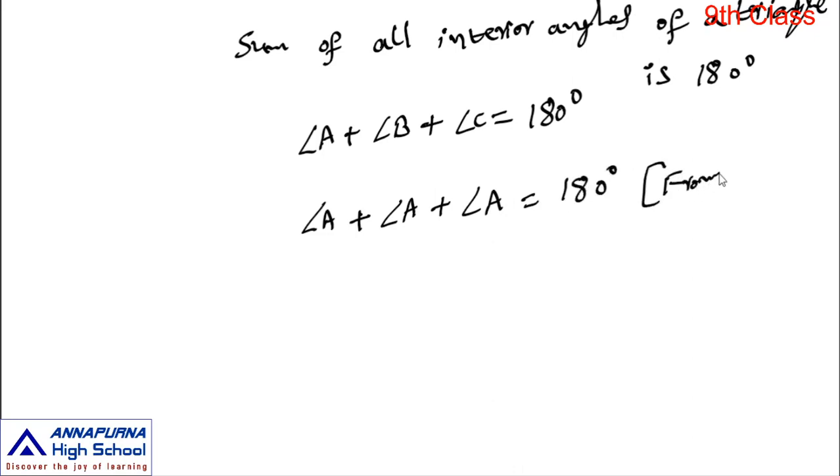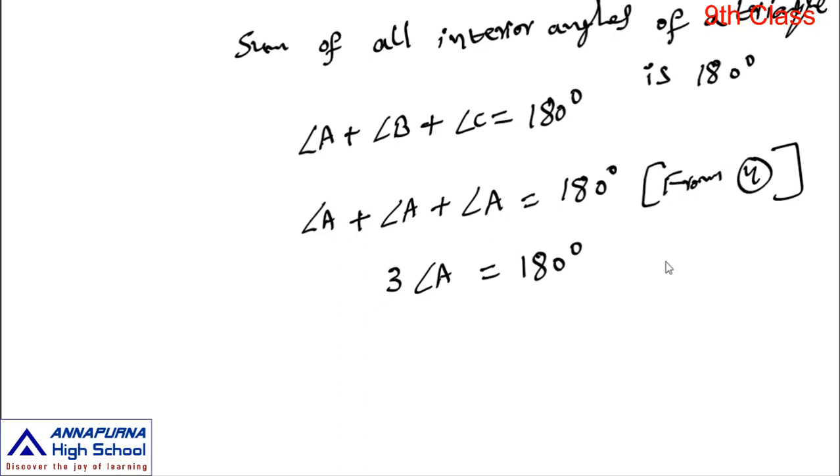Angle B is equal to angle A, angle C is equal to angle A. Angle A plus angle A plus angle A, that is 3 into angle A is equal to 180 degrees.